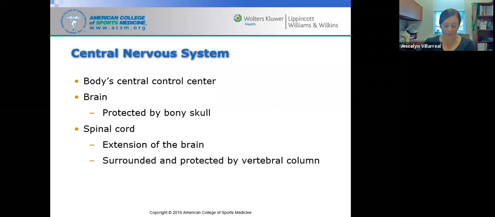So the body's central control center, which is the CNS, is where sensory stimuli are received, integrated, analyzed, and interpreted, and then relayed as nerve impulses to the muscles and glands for taking action.